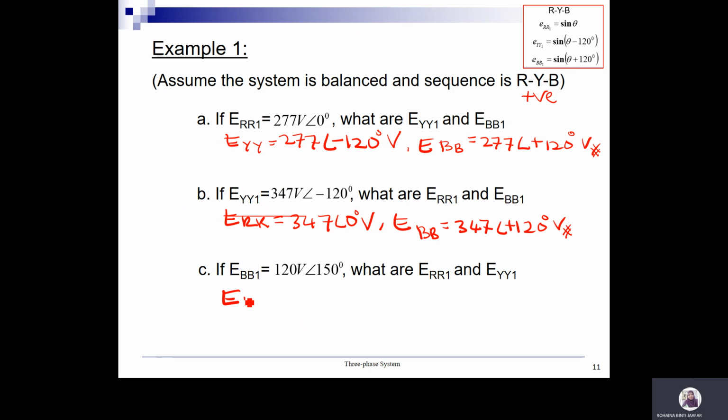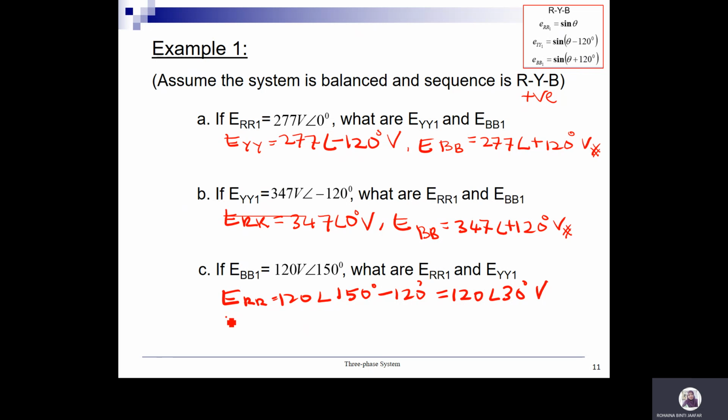So red to blue is positive; you want to get from blue to red, so you have to minus. So 150 minus 120, you will get 120 with degree of 30 volt.